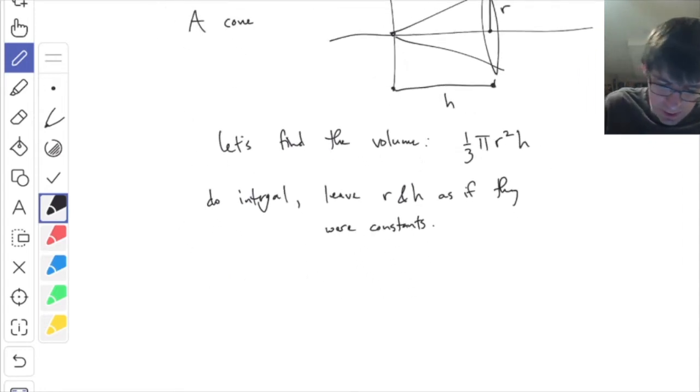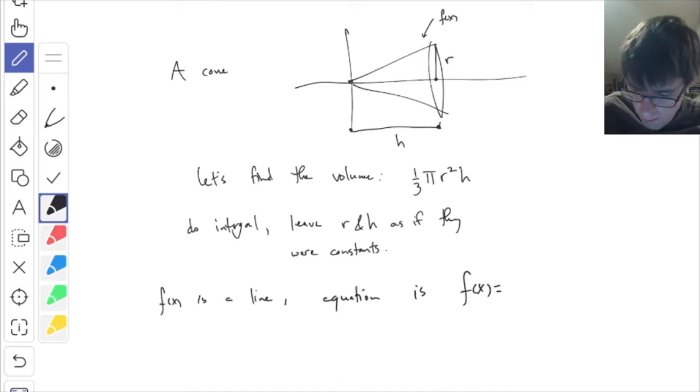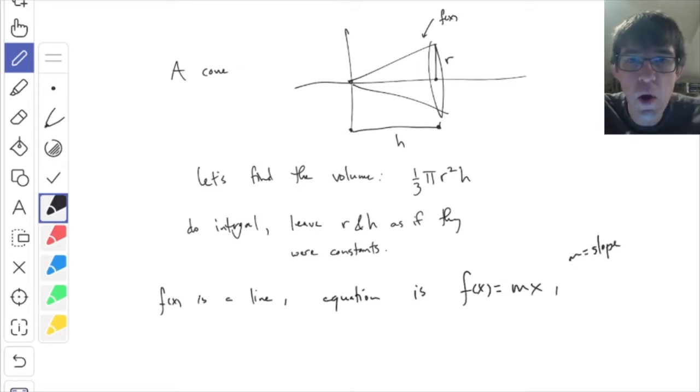So in this case, f of x is a line through the origin, and the slope and intercept form would be mx plus b, but the b is 0 because it's a line through the origin. So all we really need to figure out is the slope. m is the slope. But what is the slope in terms of r and h?